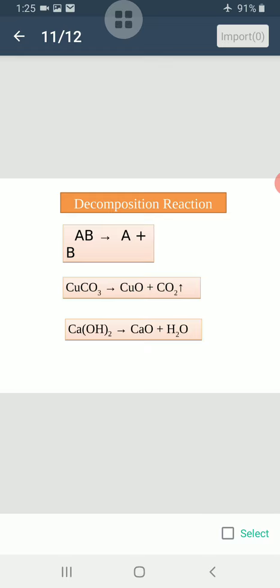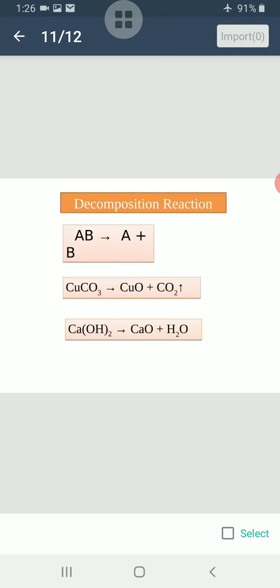Water is in the form of steam in the second equation. And in the first equation you can see copper carbonate, that when we heat it, it decomposes into copper oxide and carbon dioxide. And here the upward arrow shows the evolution of carbon dioxide.